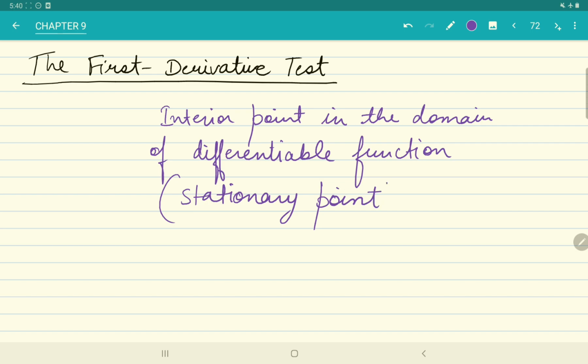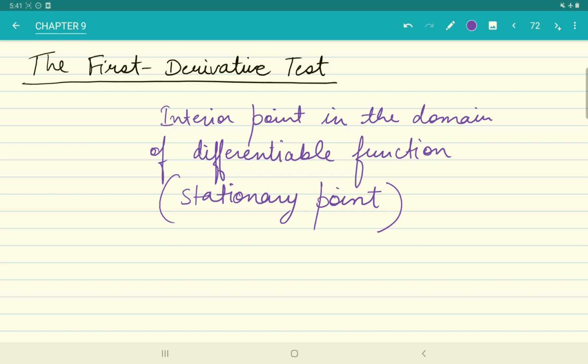We would now like to know when is that stationary point a local minimum, when is that stationary point a local maximum, or when is that stationary point neither a local minimum nor a local maximum.